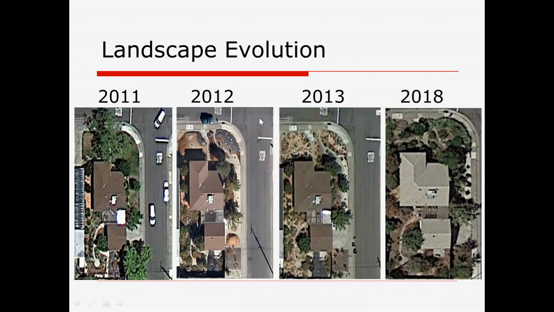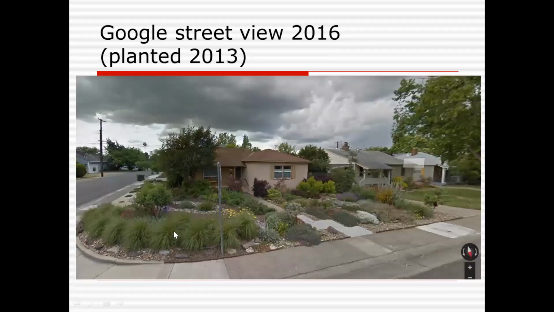So here we are in progress. She did put down weed cloth on the mounds, you can see. Here's the walkway, the tree is gone. And now we're fully planted in 2013. And here in 2018 is what it looked like. And that's what it looked like in 2013. So it was recently planted, and I think it looks darn good.